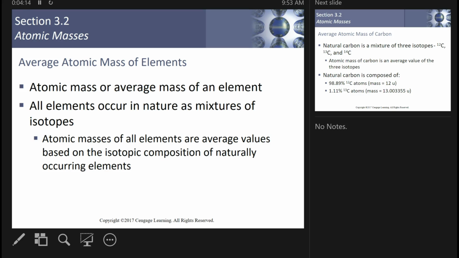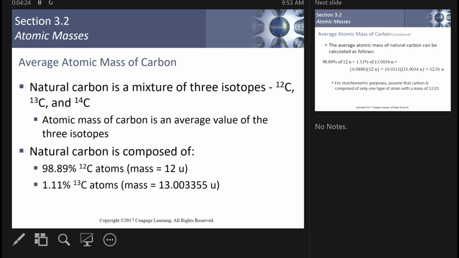So if I'm taking carbon out of Earth, out of 100 times, only about 5 times is going to be carbon-14. Okay? So carbon-12, 13, and 14 are my 3 isotopes of carbon.